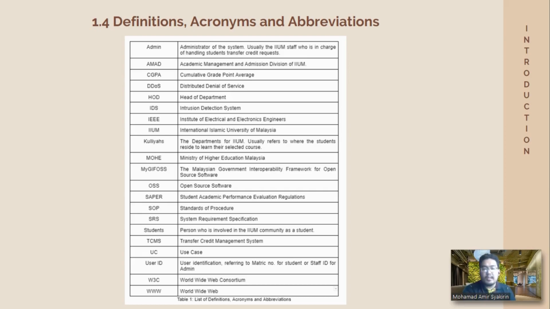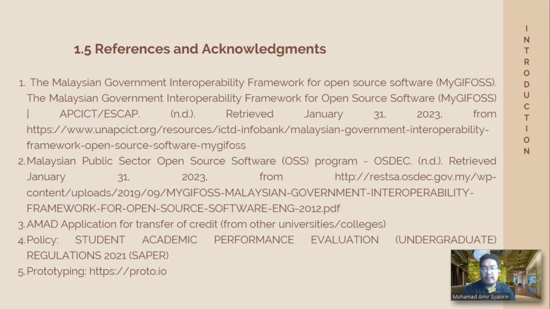TCMS is Transfer Credit Management System. UC is use case. User ID is user identification. W3C is World Wide Web Consortium. And WWW is World Wide Web. And then this is the reference for our project. We put five references for this project report.